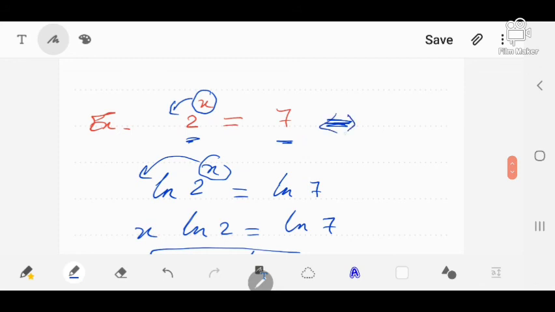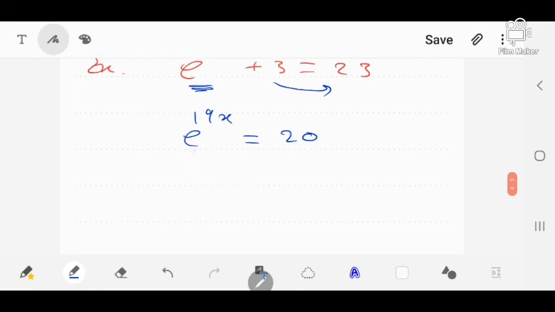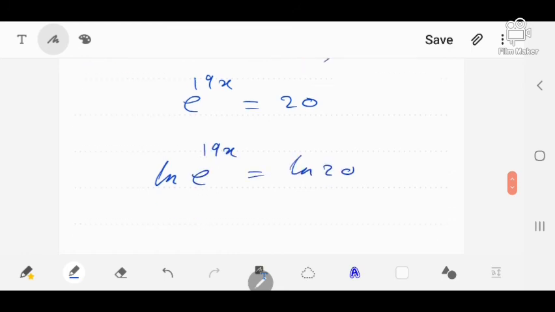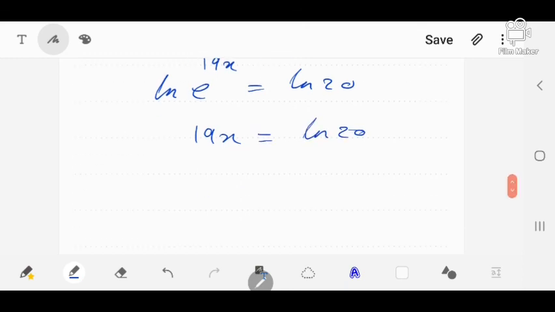So what should you do? Take ln or log. In this case, of course, both will work, but ln will be much better since the base is already e. So ln e to the power of 19x equals ln 20. Now ln e to the power of 19x, by the properties of ln, this will be immediately 19x. Or if you take the 19x and multiply it by ln e, ln e is equal to 1. So that's equal to ln 20 divided by 19. x will be equal to ln 20 over 19.